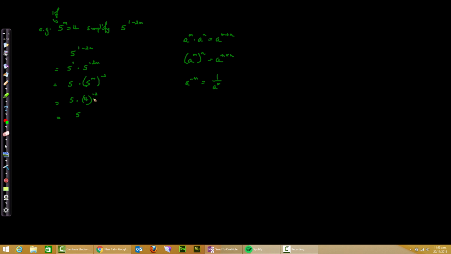That means I can rewrite that as 1 over 4 squared. And that's just 5 over 16 then. So there we go. There's another one that simplifies to a numeric result. Okay, now don't expect that always to happen, that you get a numeric answer, but sometimes you do.